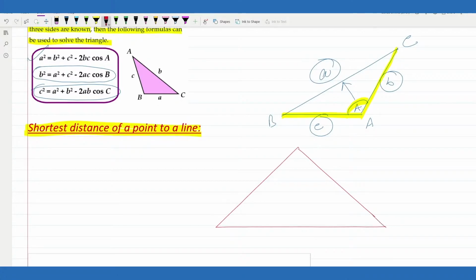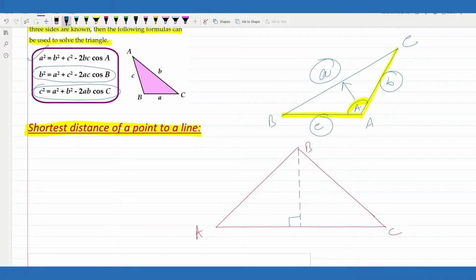They say find the shortest distance from B to AC. In that case we will be finding this perpendicular height, this perpendicular distance.